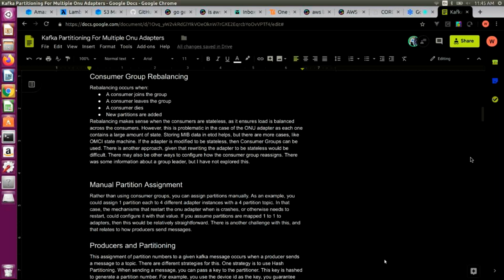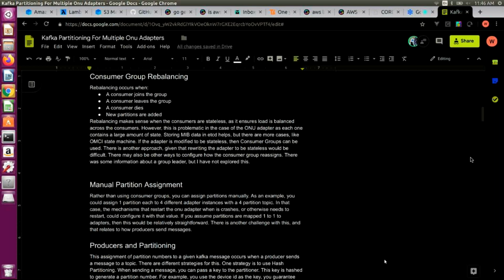Because if the assignment to the partition is by device ID, even an adapter bounce won't cause device IDs to change, right? So your partition assignment and your ONU adapter that's handling that partition shouldn't change either, right? I mean, that wouldn't change, but what would change is Kafka would say, this partition is not covered, let's reassign the partitions so that another consumer covers this partition.